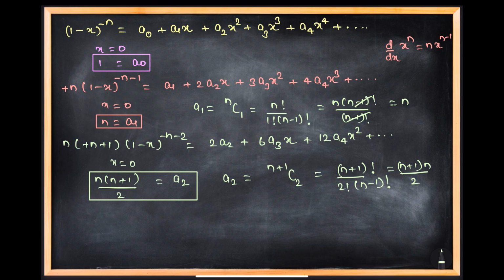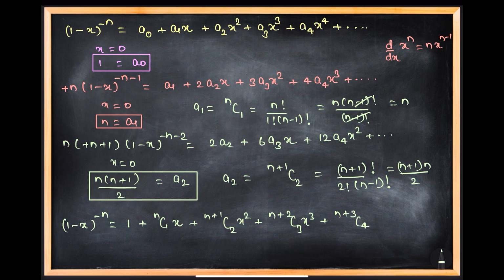Okay, so now look at the idea. Can I write 1 minus x power minus n as 1 plus nC1 x plus n plus 1 C 2 x square plus n plus 2 C 3 x cube plus n plus 3 C 4 x power 4 and so on? So you got the pattern.